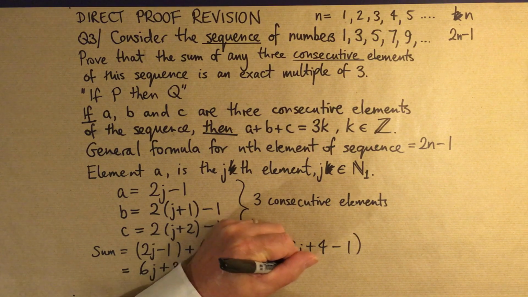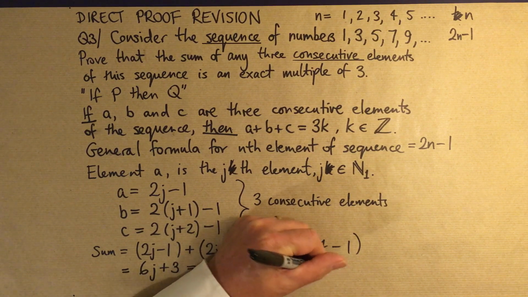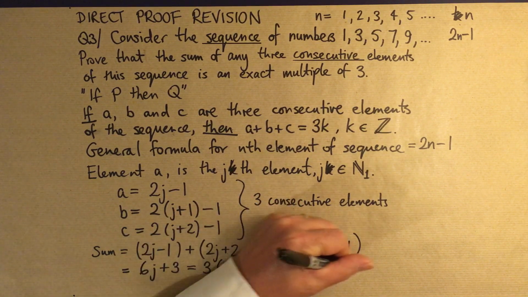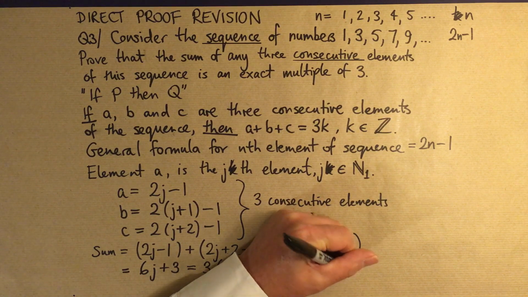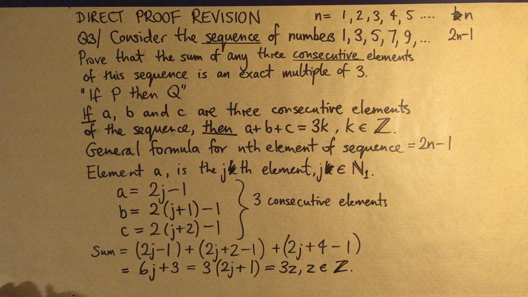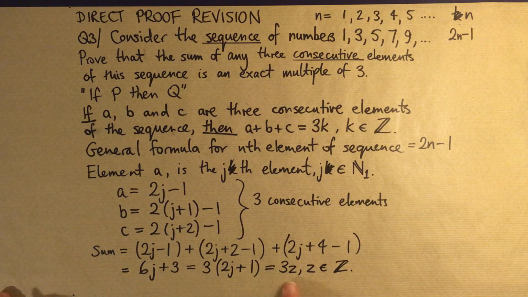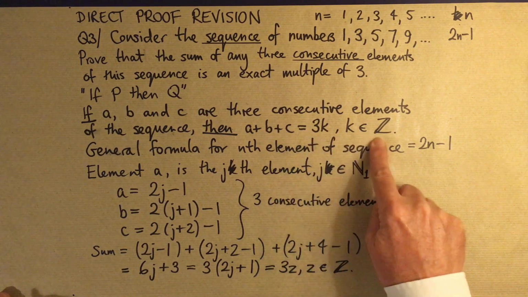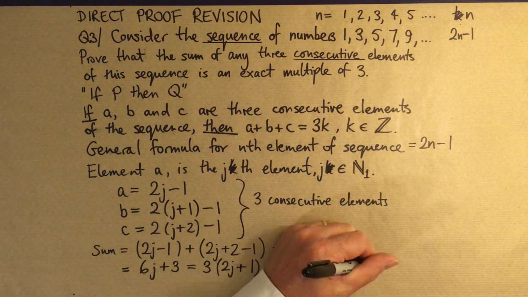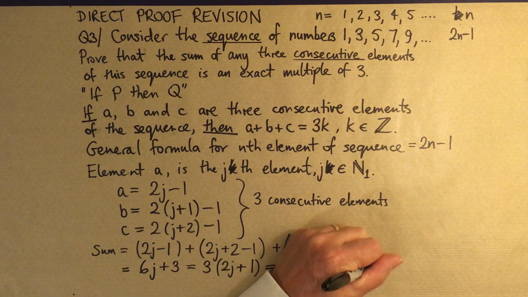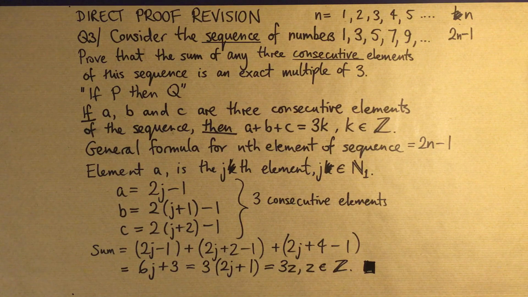So in other words, this is equal to 3z, where z is a member of, I certainly know it's a member of the integers. It'll actually be a member of the natural numbers. But it's 3z, where z is a member of Z. That shows it's in that format, and I am therefore finished with the proof.